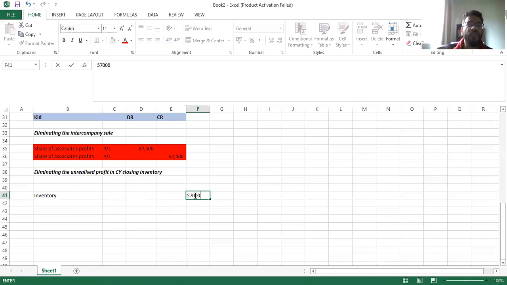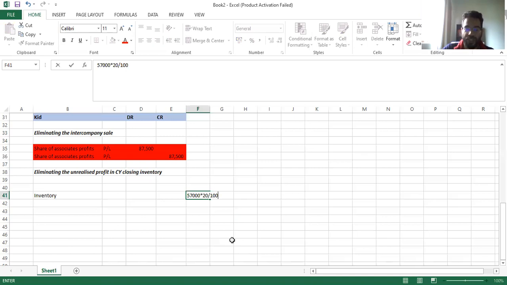We don't want to eliminate the full 57,000 rand. We only want to eliminate the intercompany. We only want to eliminate the unrealized portion. The unrealized portion is 20% on sales. Because it's on sales, we divide by 100. If it's on cost, we divide by 120. But remember, the full unrealized profit, 100% of unrealized profit, is not intercompany.